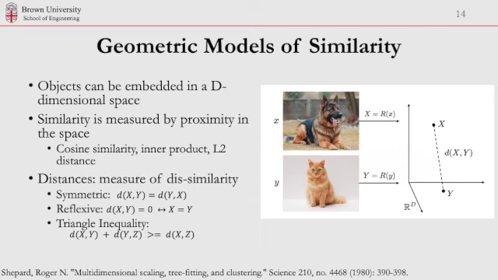The benefit of geometric models is that they provide structure on the space. So a true distance metric like the Euclidean distance or L2 distance is symmetric, reflexive, and it can satisfy the triangle inequality. So that triangle inequality can be used for exact similarity search.